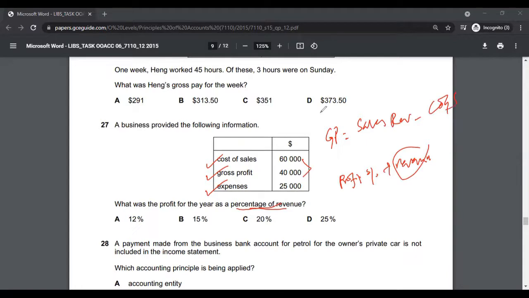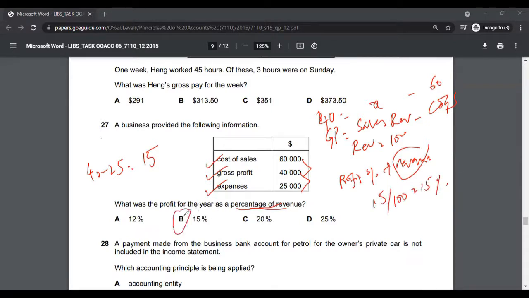So you have GP, which is 40, and COGS, 60. So revenue is 100. The profit would be 40 minus 25, which is 15. So 15 over 100, that's 15%. The answer to multiple choice 27 is option B.